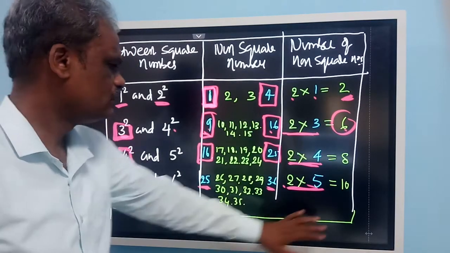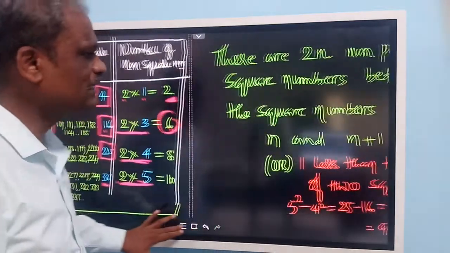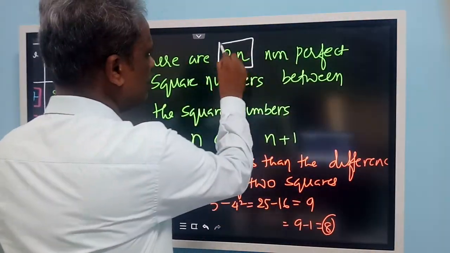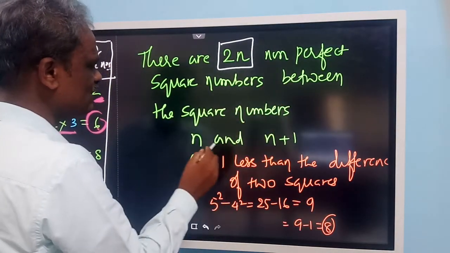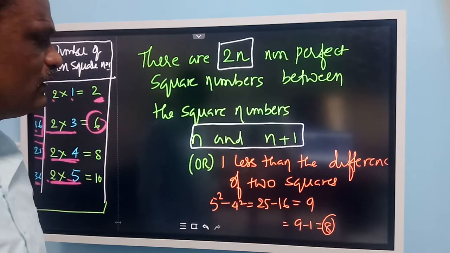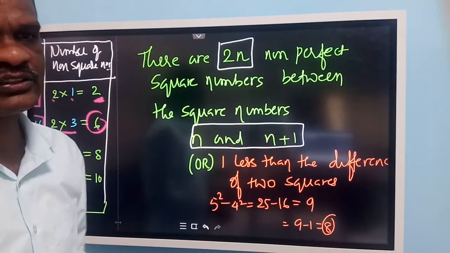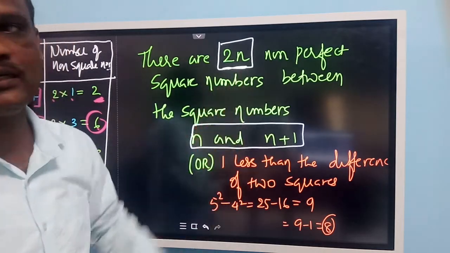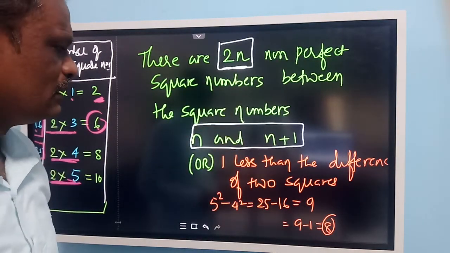There are 2n non-perfect square numbers between n square and n plus 1 whole square.